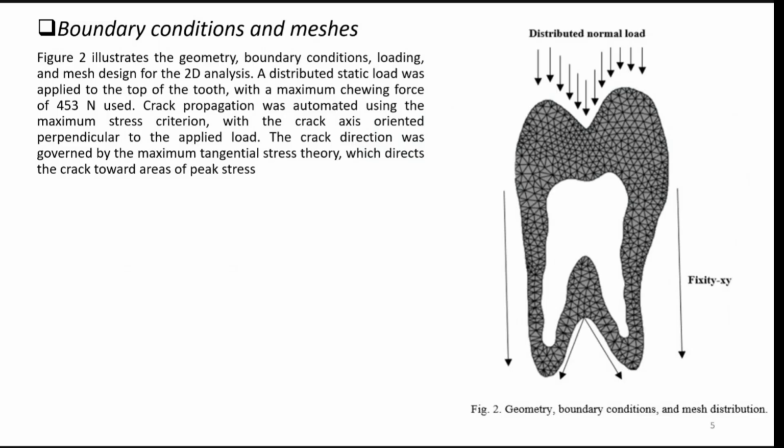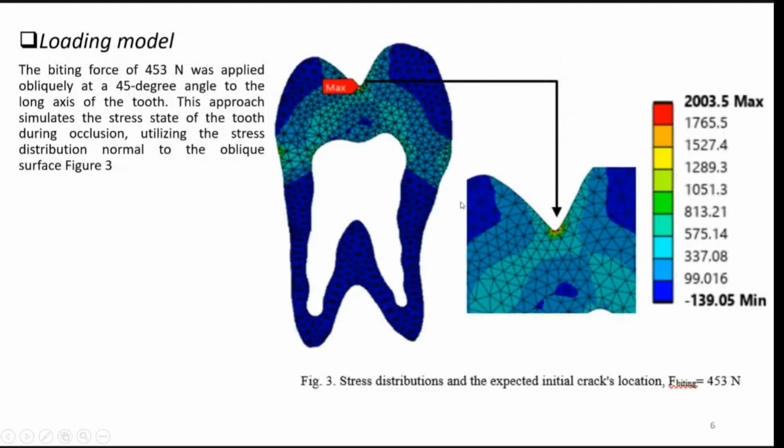The crack direction was governed by the maximum tangential stress theory, which directs the crack toward areas of peak stress. This tooth is fixed in ANSYS in this way to imitate the real tooth in gum and mouth.